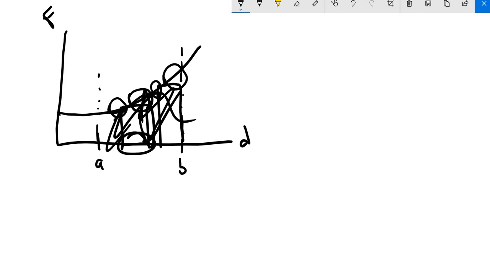So anyway, let's formalize this and think about how we want to write this. Let's say, first of all, we want to know that our function is continuous. Let's back up and talk about what a continuous function is.